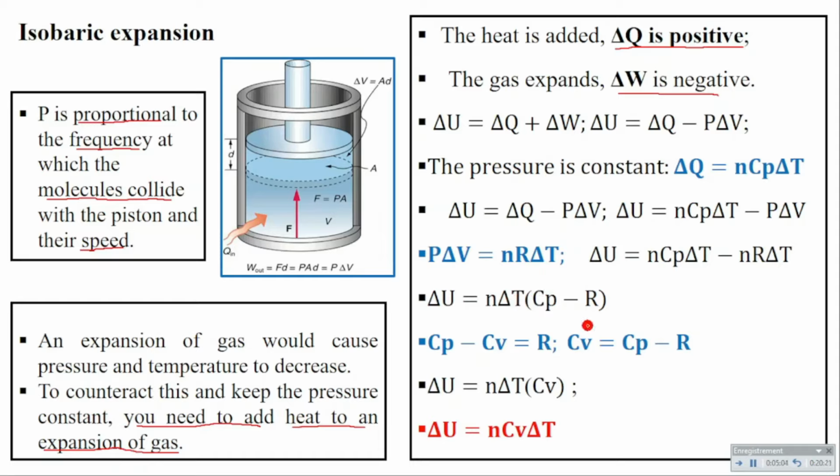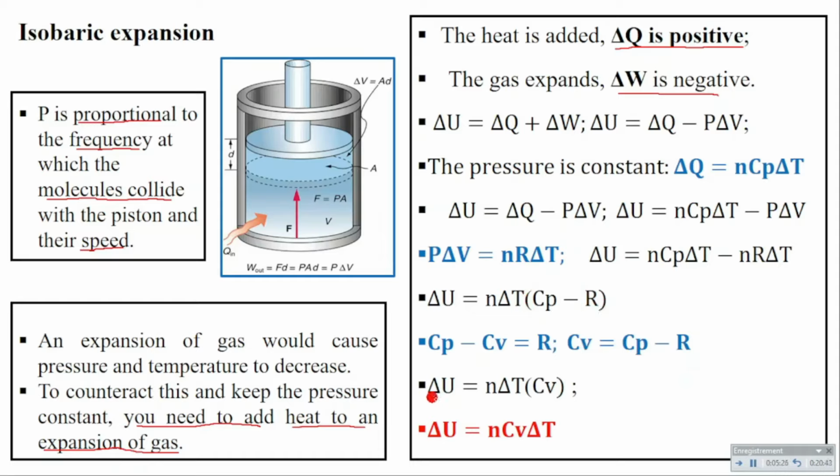Remember, we have shown the relationship between Cp and Cv: Cp minus Cv is equal to R. Then you can get Cv is equal to Cp minus R. That means this Cp minus R is Cv.